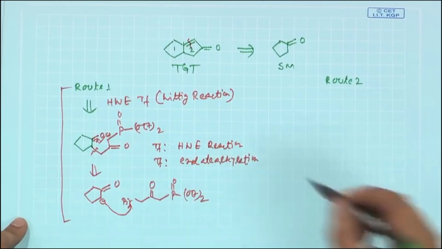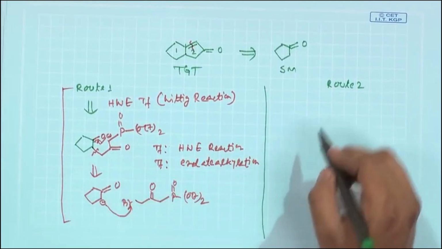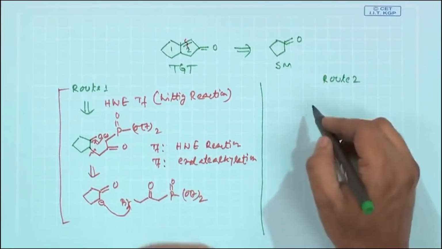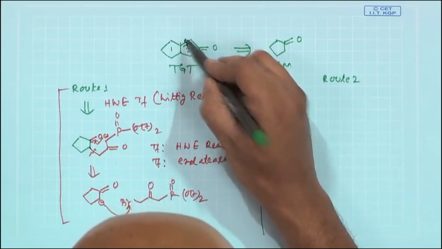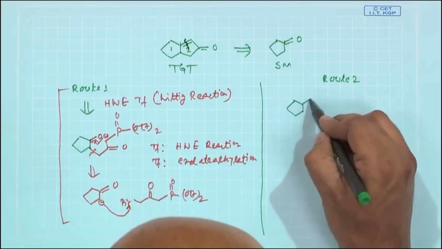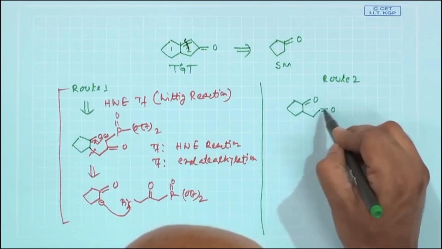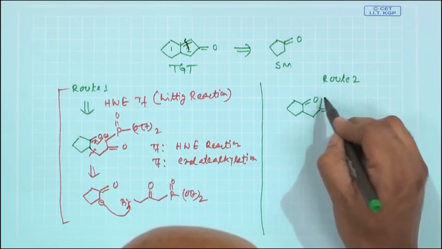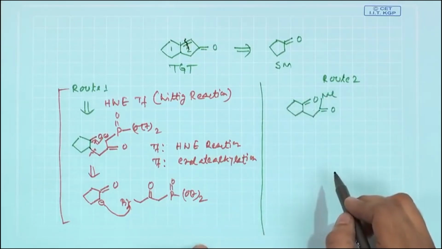Similarly, route 2, if you now try to figure it out, we will be having a simplified route. Now, route 2 we say we will be doing it a different way. The initial retro was this, again this same bond, and then now we say if you have an intermediate like this, you can easily do it through an intramolecular aldol reaction.